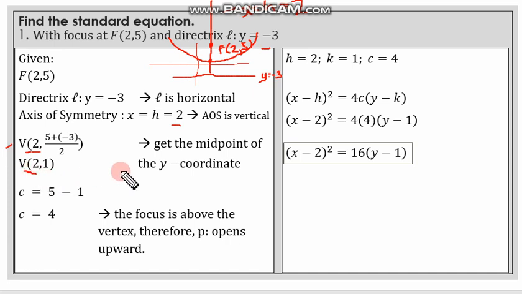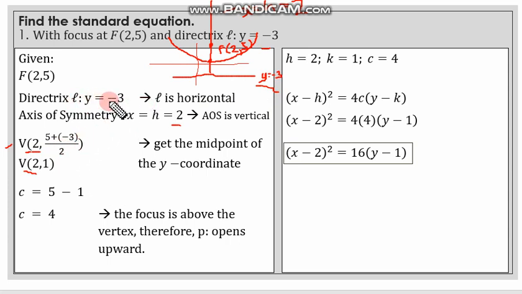So h is 2, and then we'll just add the y coordinate of the focus and the directrix, and divide by 2 to get the midpoint, which is the vertex.